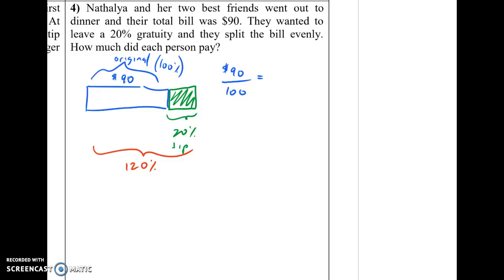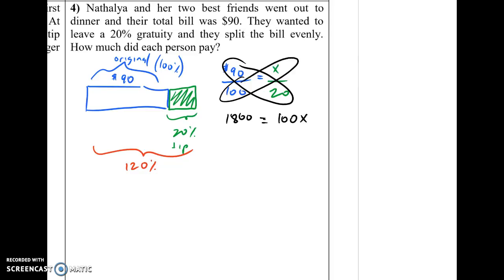Well, we have no idea what the 20% tip is yet, so we're going to put X dollars over 20%. Cross multiply. You get 90 times 20, that's 1800, equals 100x. Okay, divide both sides by 100. X equals $18.